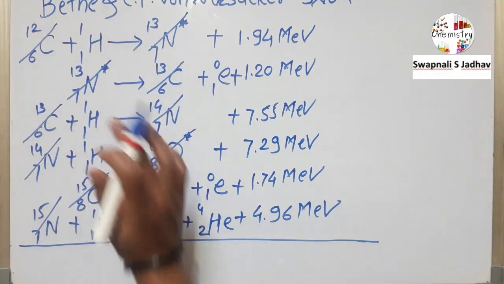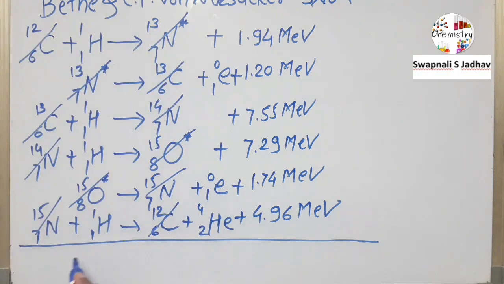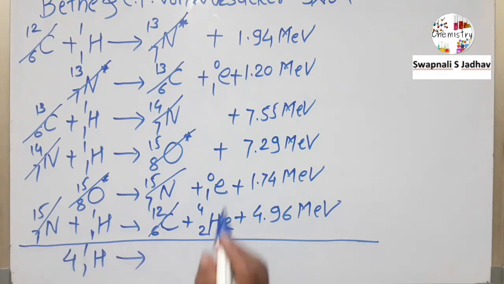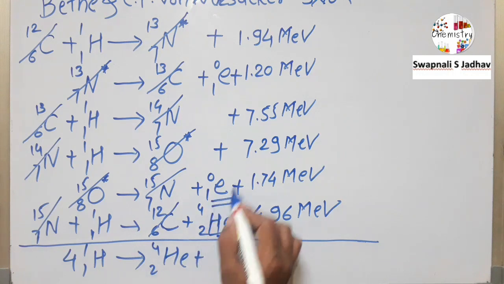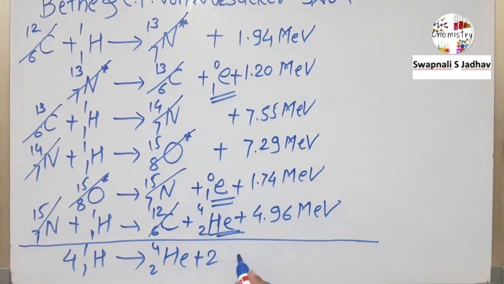H11, H11, H11, H11, meaning how many protons? 4 protons. Remaining are He24, one helium nucleus, and 2 positrons with liberation of energy.